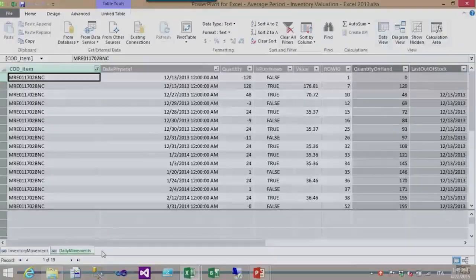I'm considering now the average of a period, not the average row by row, because if I did it row by row, I would have to implement this technique for every day, which is very expensive. Unless you have very few products, it will be very, very expensive.